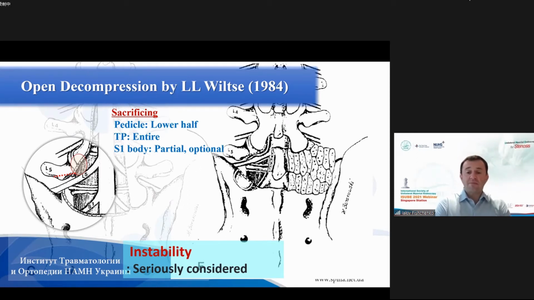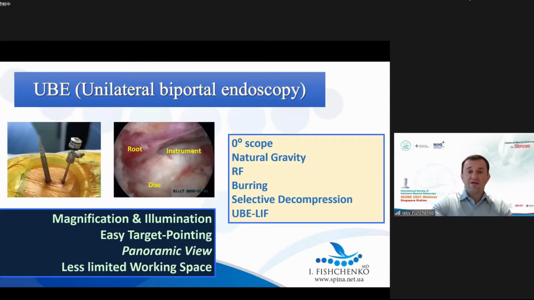But the main result you can get is instability, because it was the time before transpedicular screw fixation. But now we are doing this removal of the compression of L5 with the endoscopic UBE technique.